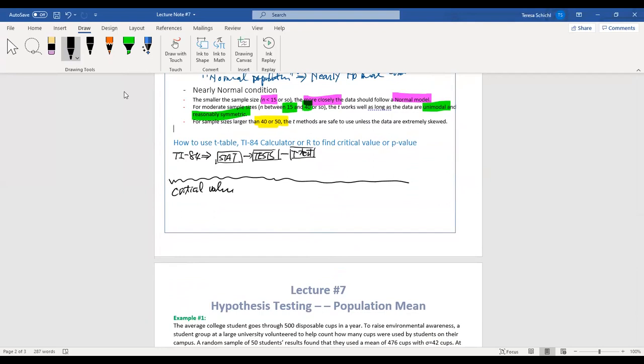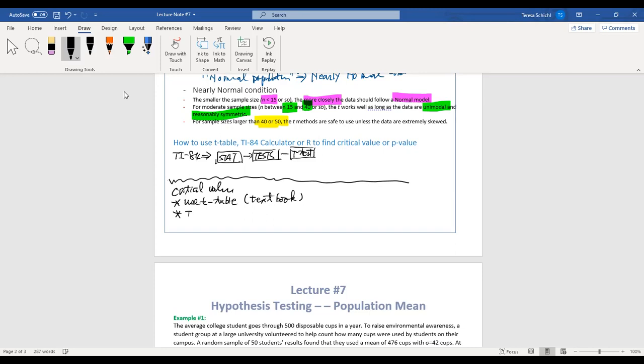So first, you can use the t-table from the book, from your textbook. Or you can Google it, you can find a t-table everywhere on the internet. Then the other way, how do you find it?